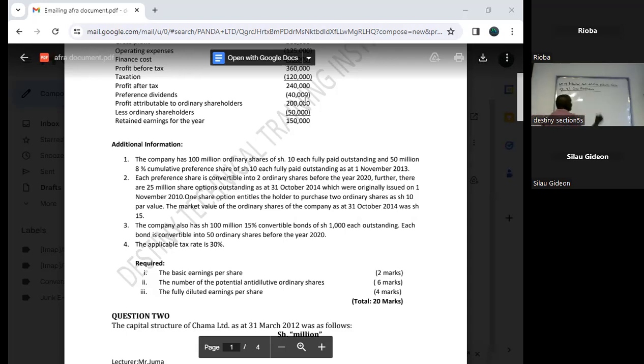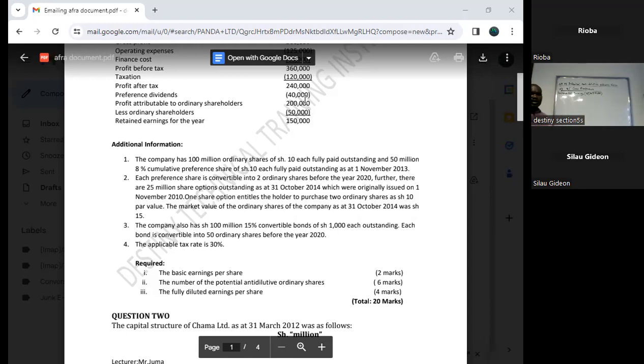So you check the incremental earnings. Incremental earnings, you check at the dividends. So dividends, 8%. So 8% times the nominal value, 50 million, times the par value, which is 10. So that is 500. But you see, we are working in thousands. So it is 8% of 500,000.